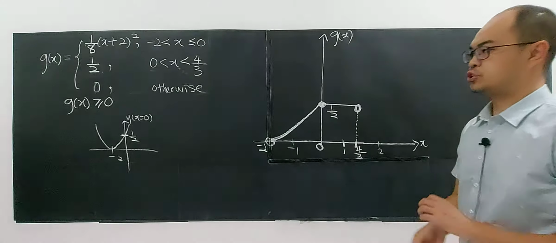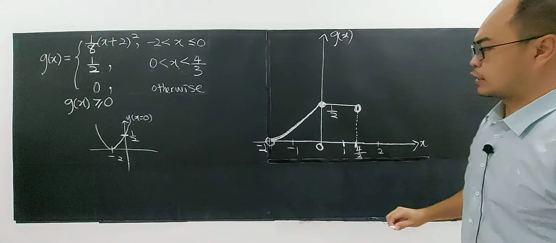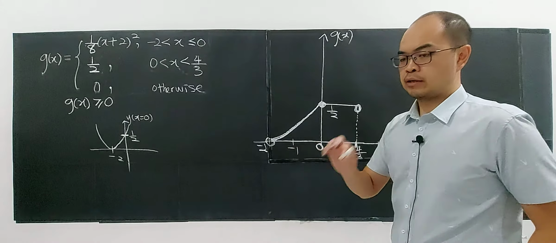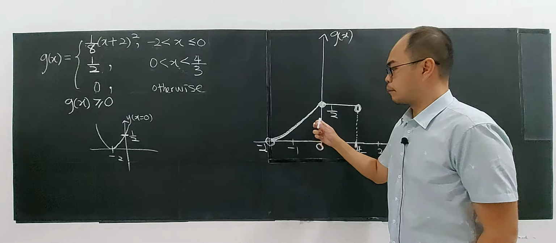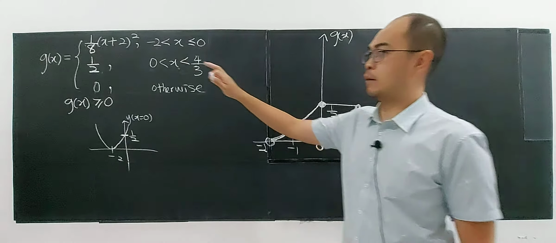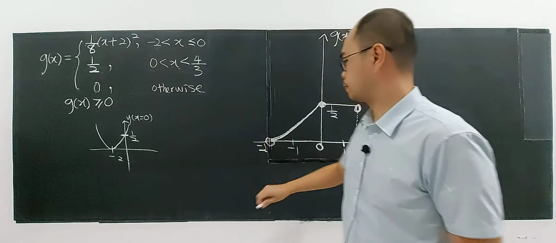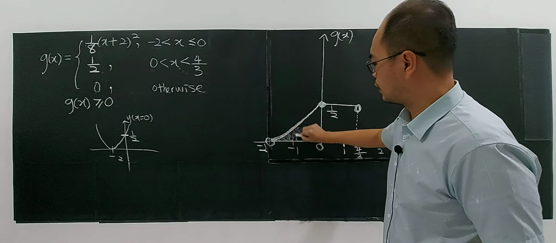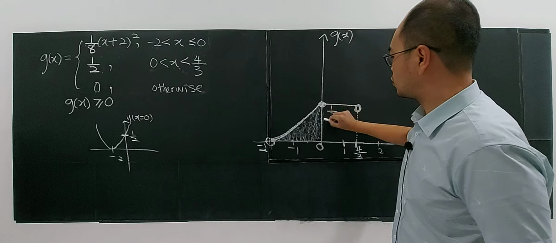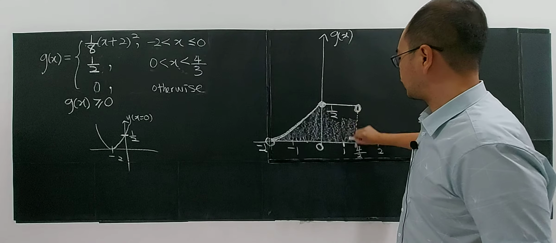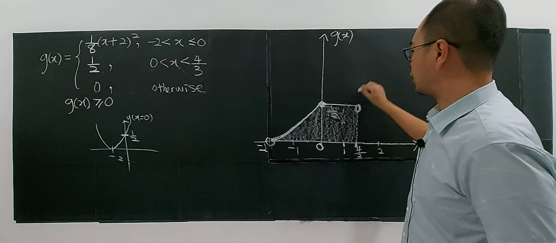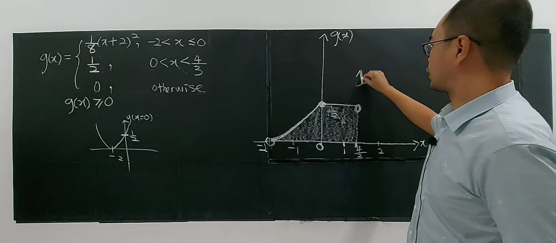As I taught you before, listen to what I'm saying. If this is a probability density function, the total area under the graph must equal 1.